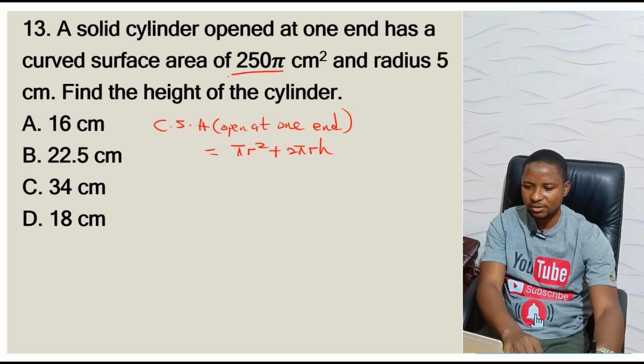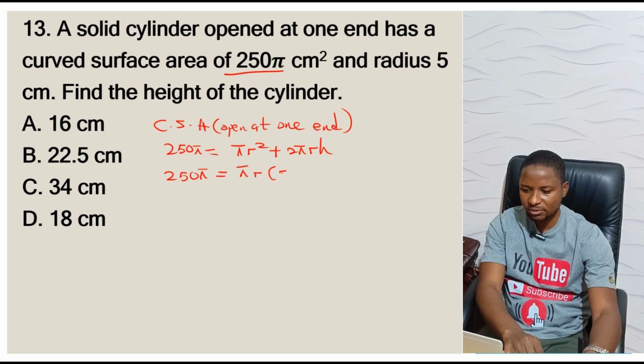And they gave us that all of this is 250 pi. So we just have to substitute. But before then, you can decide to factorize what is common, which is pi r, and you're left with r here. And when you remove pi r, you're left with 2h here. Again, pi cancels pi. You have 250 equal to radius.